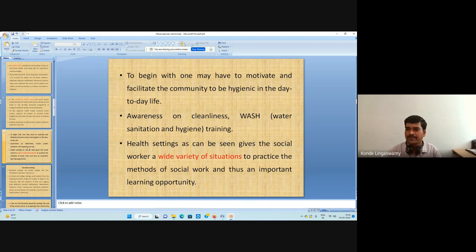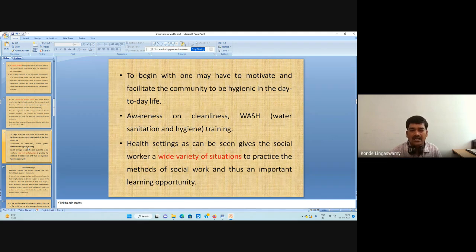For example, we can apply the social casework method in a health setting. We can find the community organization method in a health setting. We can find the group work method in a health setting. For example, for individuals suffering from drug addiction or alcohol addiction, we can apply the social casework method.